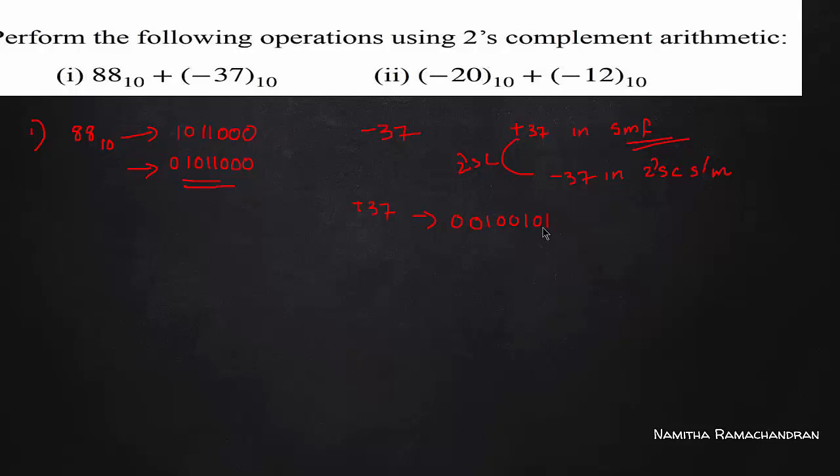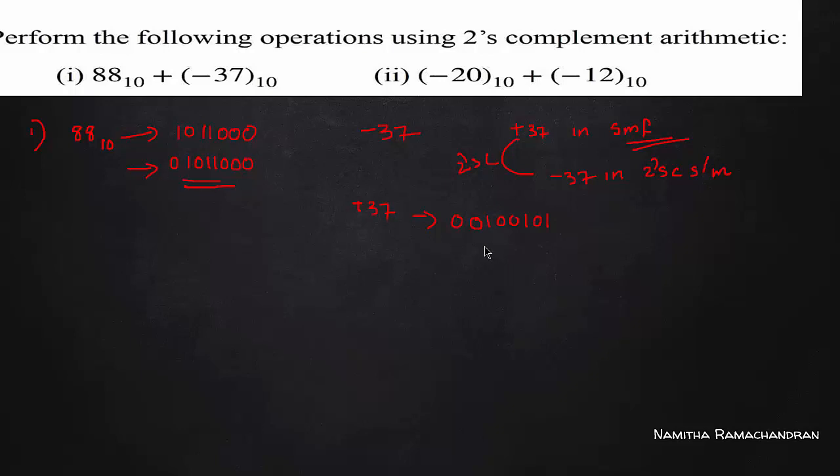Now this positive 37 is represented using 3, 4, 5, 6, 7, 8 bits, and here also. So the number of bits in this representation and this representation are now both equal. Okay, so make this correction first.